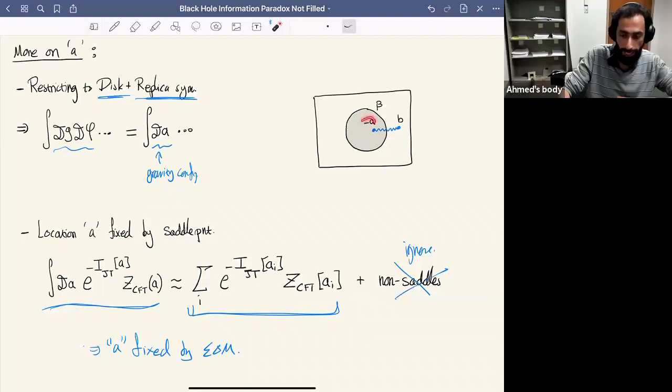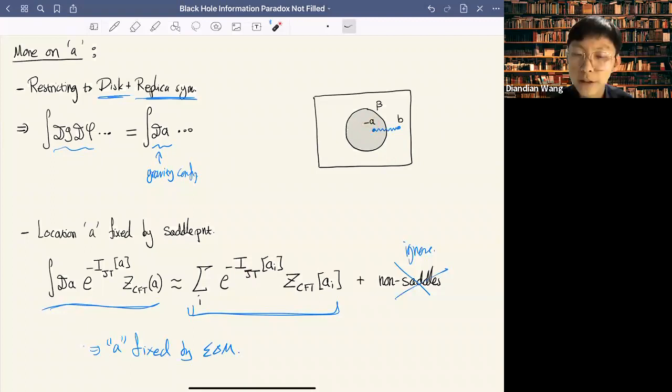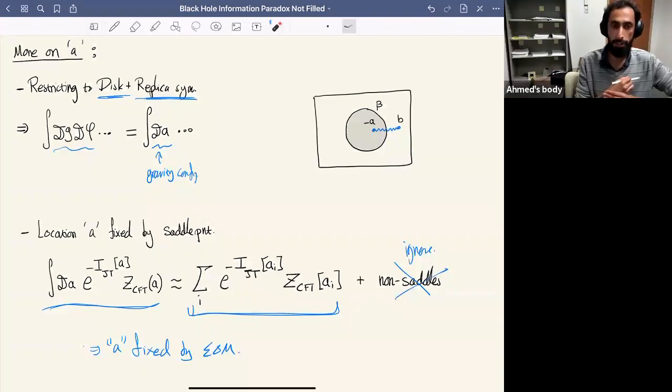Well, A is not fixed, right? So I don't know what A is, but it's going to be determined. We're defining A by the fixed point of the Zn symmetry. But then there's a different concept of where the branch cut ends. Is it obviously the same? I think so. Just by the definition of it being the fixed point of the replica symmetry, that's where the branch cut has to end.